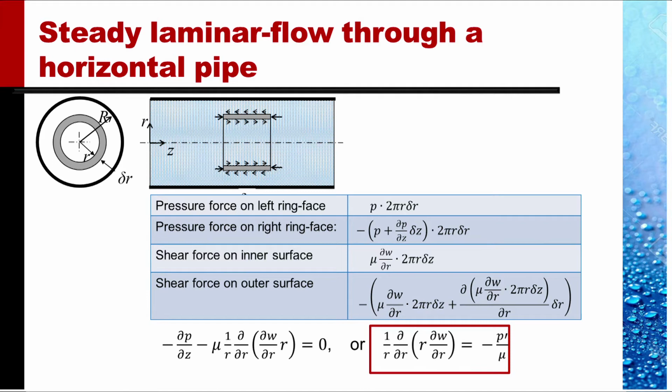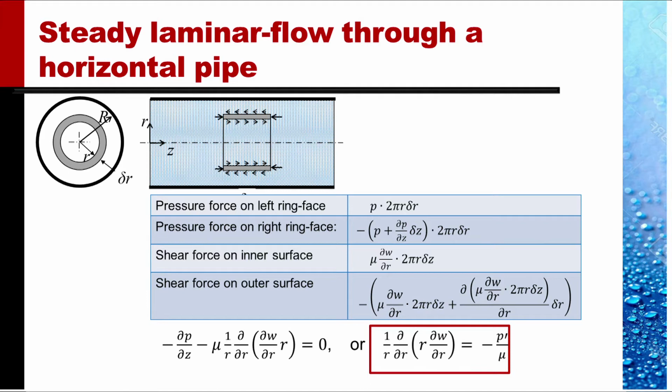Now, since the velocity does not change in the fully developed part of the flow through a pipe, there is no acceleration of the fluid. The velocities at any location Z are the same, so there is no convective acceleration as well as no temporal acceleration, del W by del T. So, the sum of all the forces should be 0.